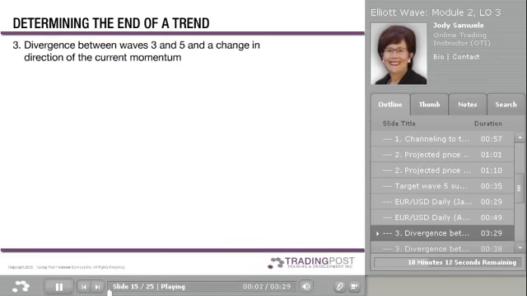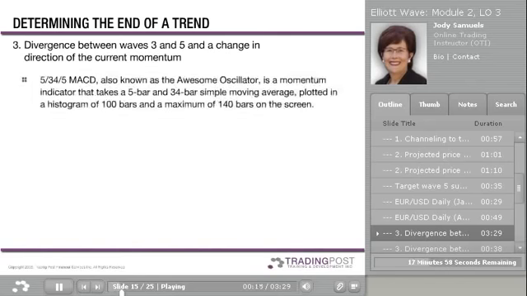Another way to identify the end of a 5-wave sequence is to look for divergence between waves 3 and 5. We do that by using Bill Williams' Awesome Oscillator. The Awesome Oscillator is a 5-34-5 MACD, a momentum indicator that takes a 5-bar and 34-bar simple moving average plotted in a histogram of 100 bars and a maximum of 140 bars on the screen. This indicator is always measuring an Elliott wave of some degree.